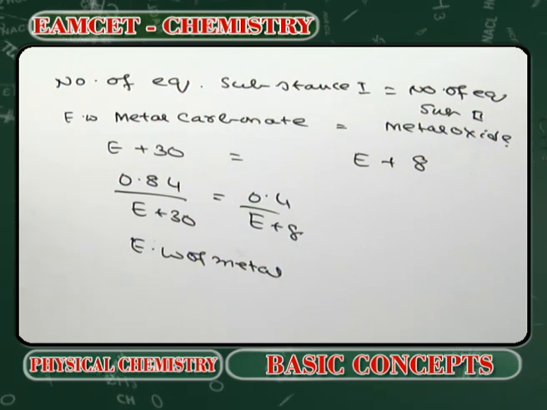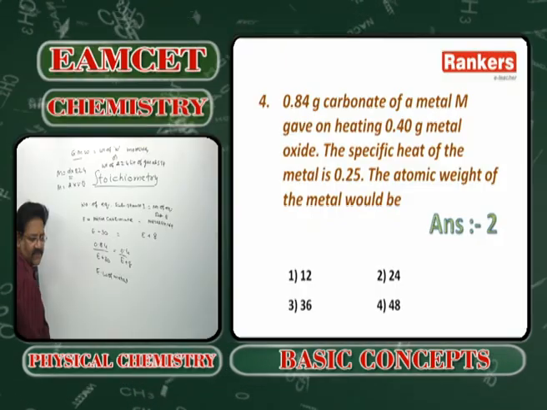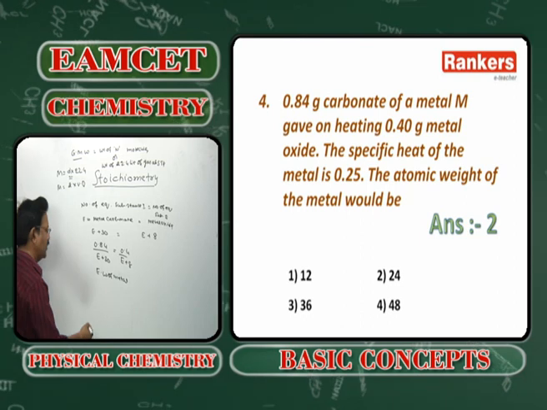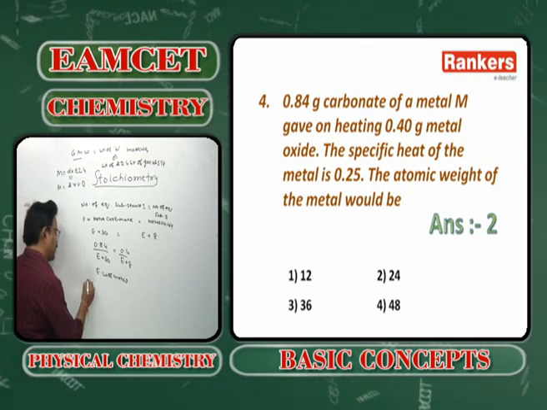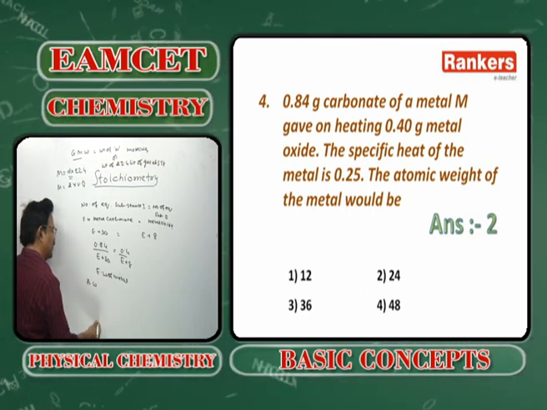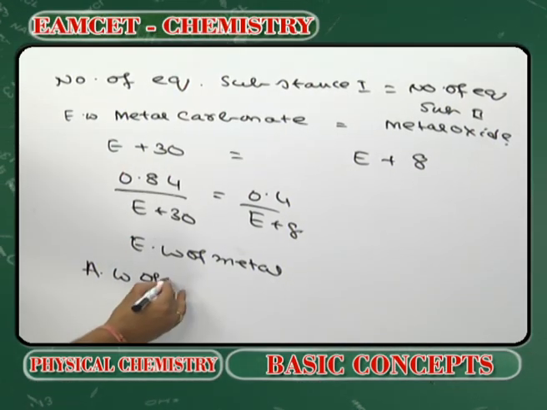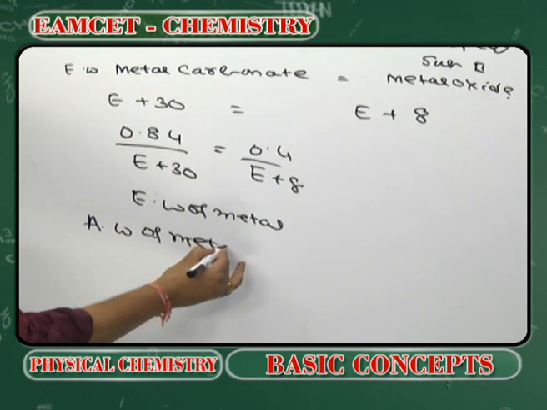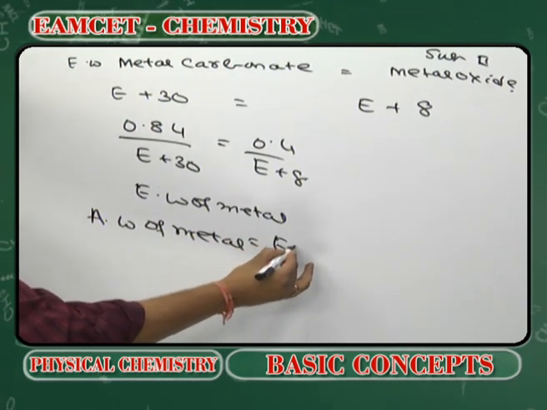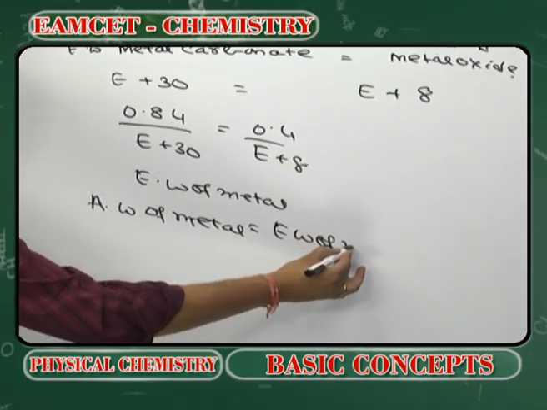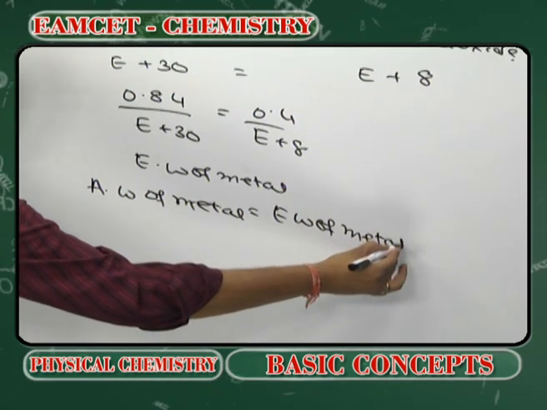Now what is the question given there? Specific heat of the metal. Atomic weight of the metal is equal to equivalent weight of the metal into valency.